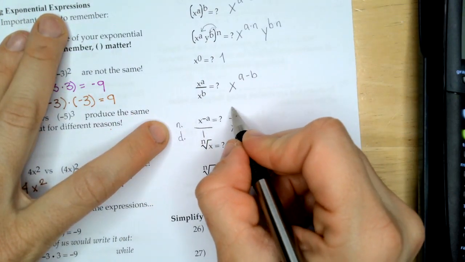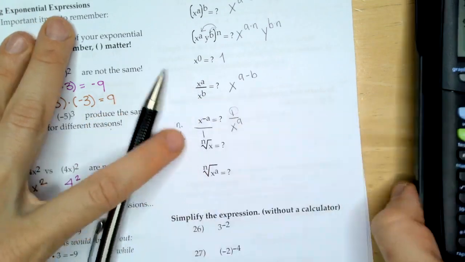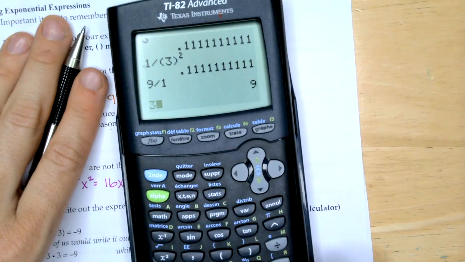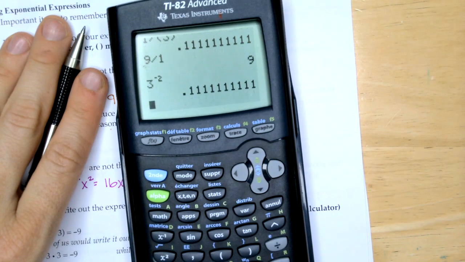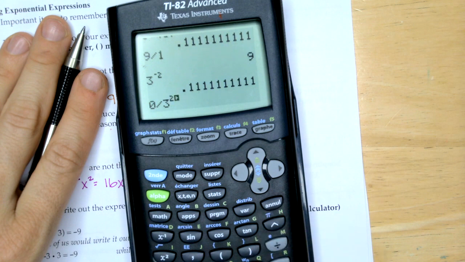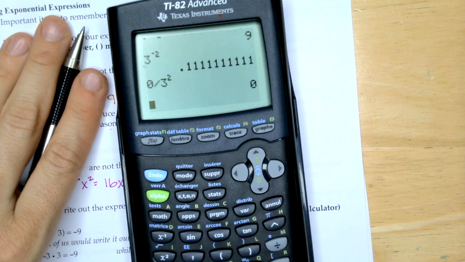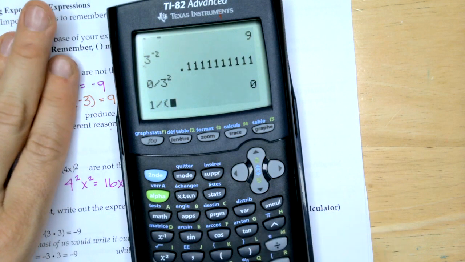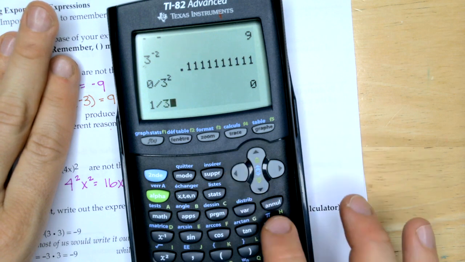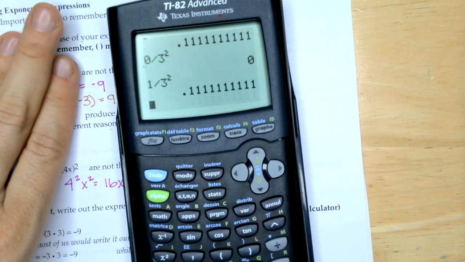If there's nothing on the top, don't put a 0, put a 1, okay? Because if I said this, and then I said, okay, I need to move that to the bottom, I can't say 0 divided by 3 to the power of 2, right? Because that's just going to give me 0. I can say 1 divided by 3 to the power of 2.